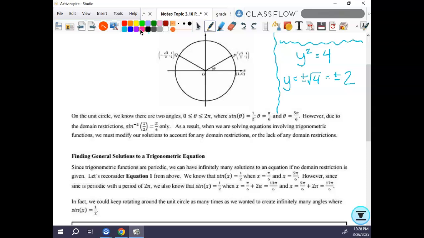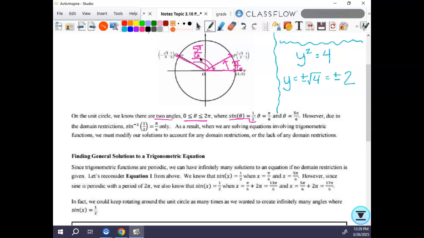So on the unit circle, we know that there are two angles between 0 and 2 pi, so for one rotation, where the sine of theta equals 1/2. That happens here at pi/6, so right here at pi/6, and then right here at 5 pi/6. Right?